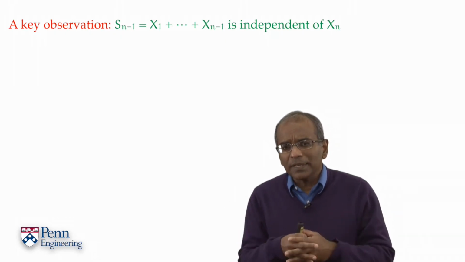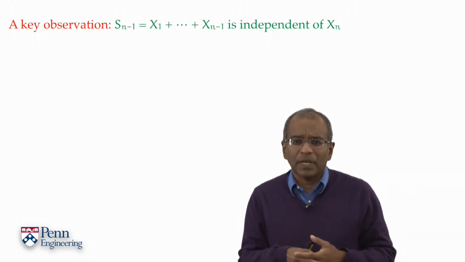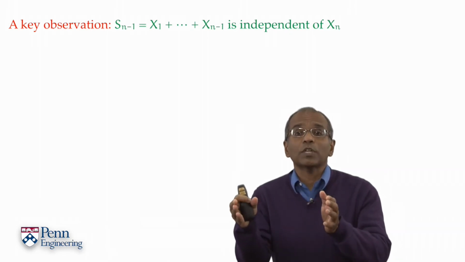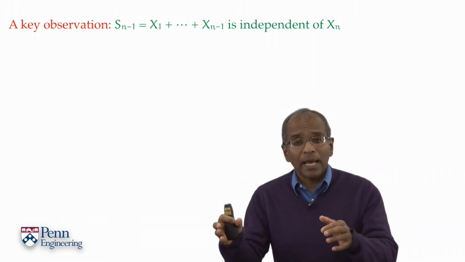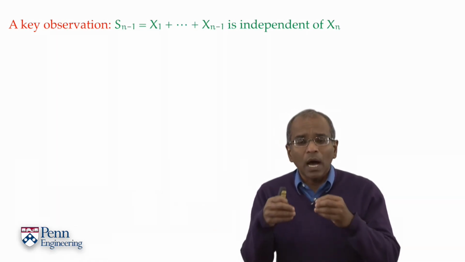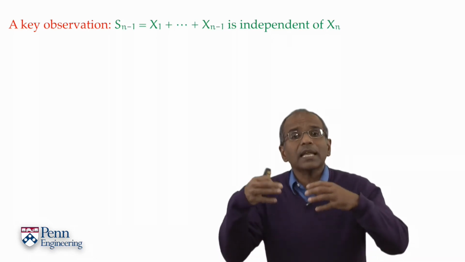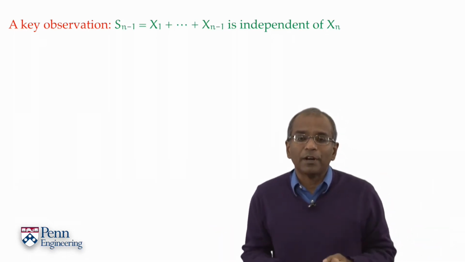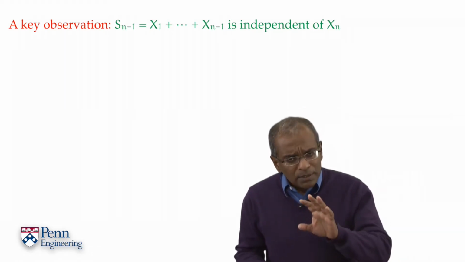The listener might feel that this seems obvious. After all, Sn minus 1 depends on the first n minus 1 coordinate variables only, and the first n minus 1 coordinate variables, X1 through Xn minus 1, are individually, severally, and collectively independent of the nth coordinate variable Xn. And certainly that is true.